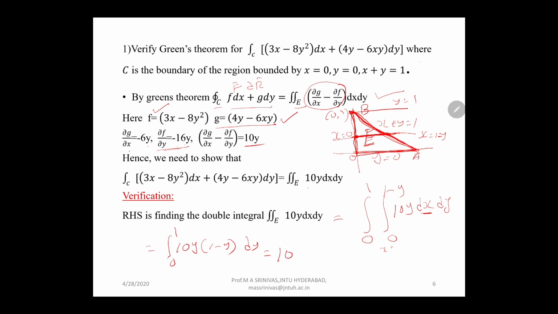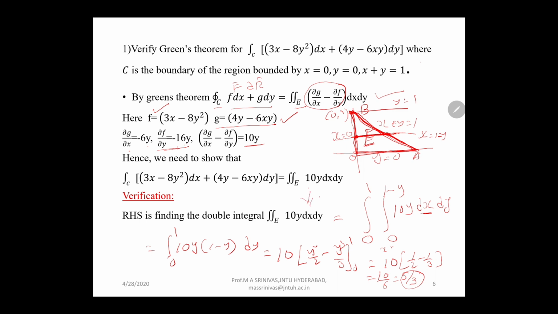Integral of y is y square by 2 minus y cube by 3, between 0 to 1. If I integrate this, this is 10 times 1 by 2 minus 1 by 3. This is 1 by 6. This is 10 by 6. 10 by 6 is 2 5s, 2 3s. So this is 5 by 3, the value of this double integral.